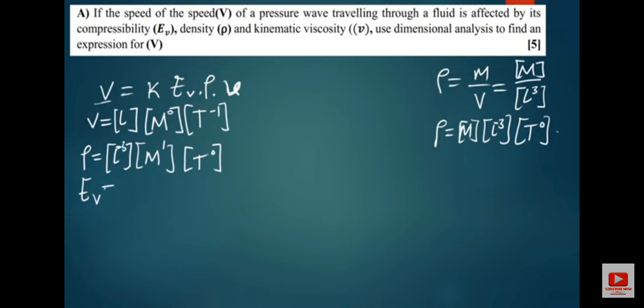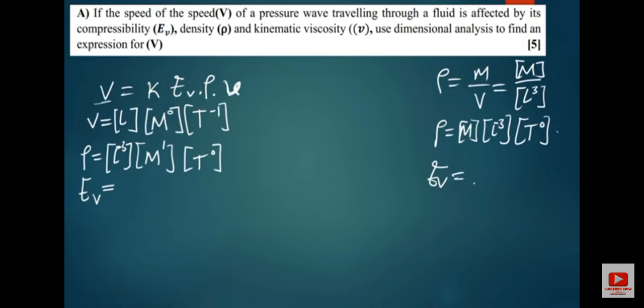So we find the dimensions for compressibility. We know that compressibility, which is E subscript V, is measured in, let me just start with kg, I'm trying to remember the units for compressibility.